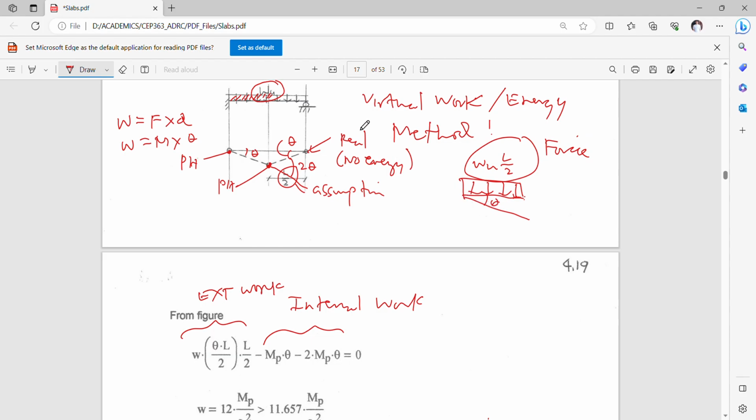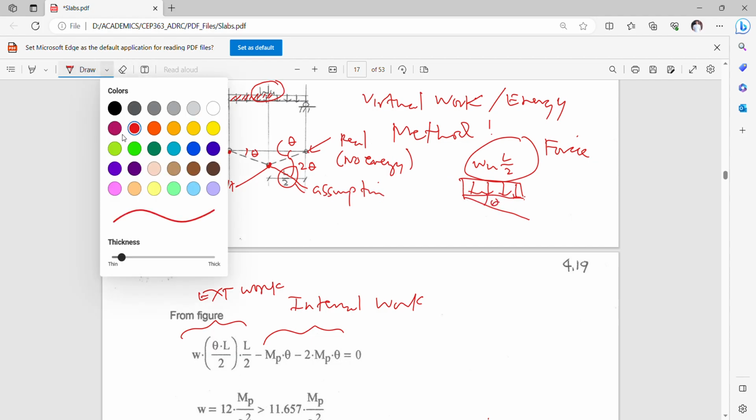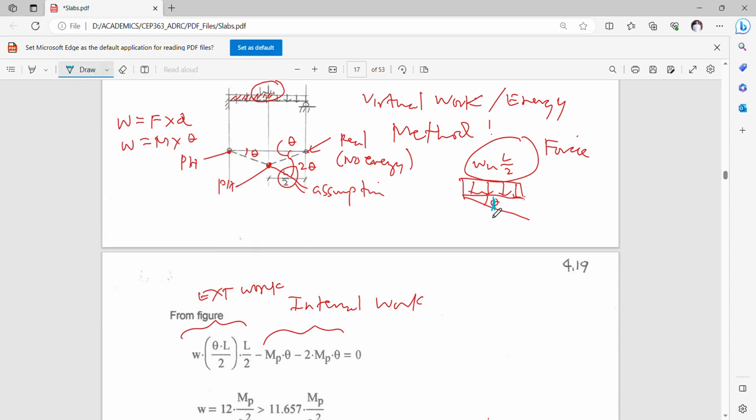Okay, so if you take a look at the deformation at the centroid, okay, so you have here a delta.